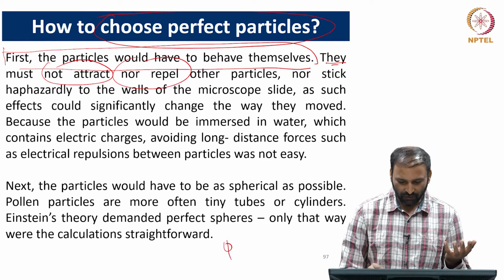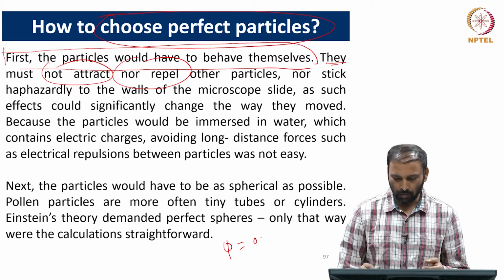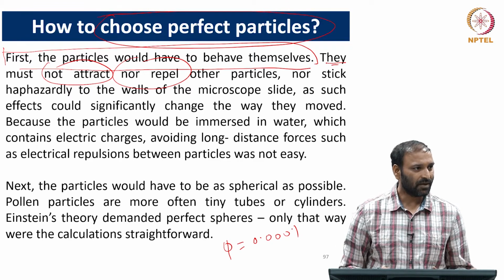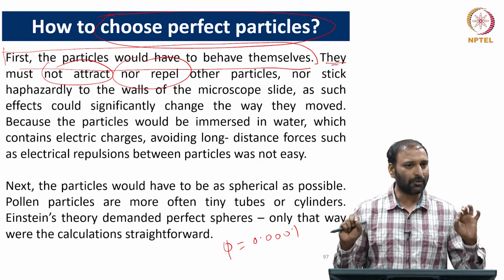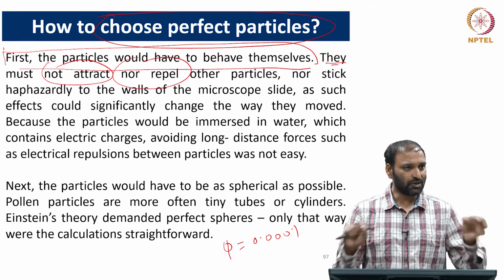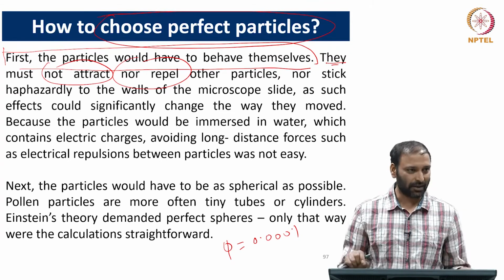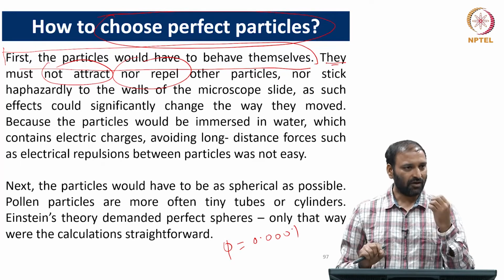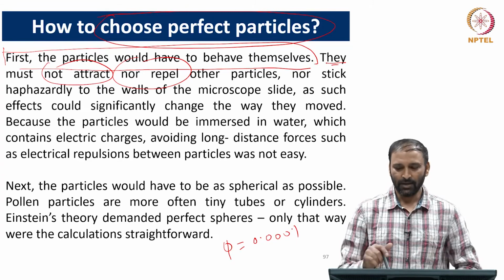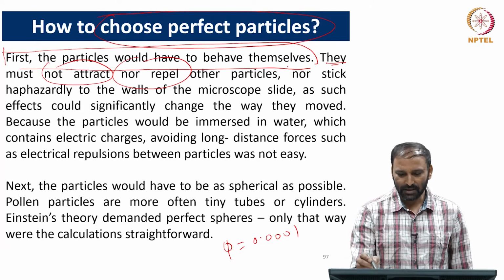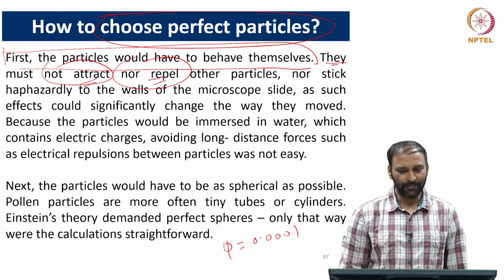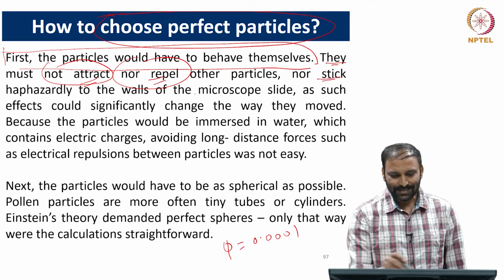Typically, your phi could be as low as 0.0001 or something like that. The reason for that is the particles have to be sufficiently far apart that there is no interaction between them, so the motion of a particle is not influenced by the other particles in the system.